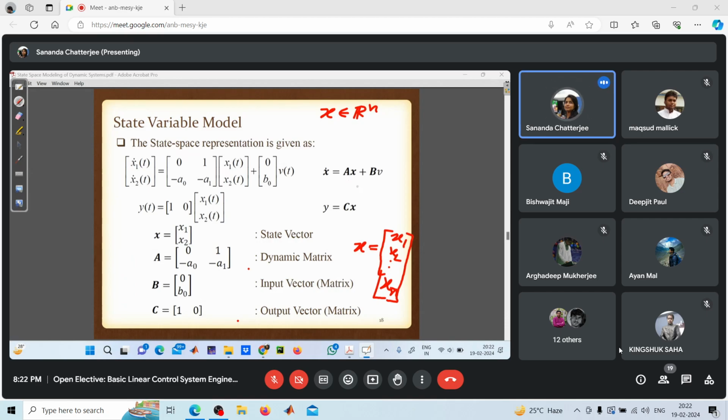The A matrix relates the derivative of the x vector with the x vector. Do you agree?